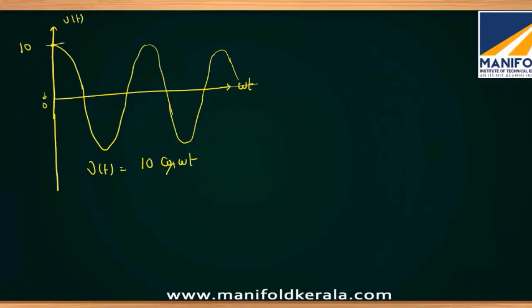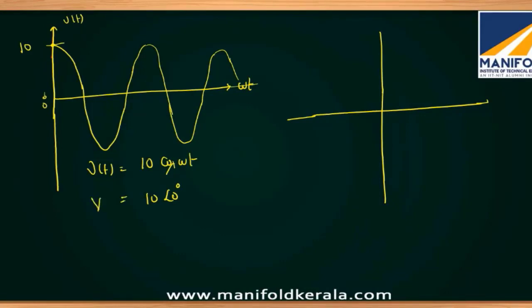Now, in polar form, in complex domain or phasor domain, how will you write this 10 cos omega t? You will write it as 10 at an angle 0. The phasor representation is 10 at an angle 0.